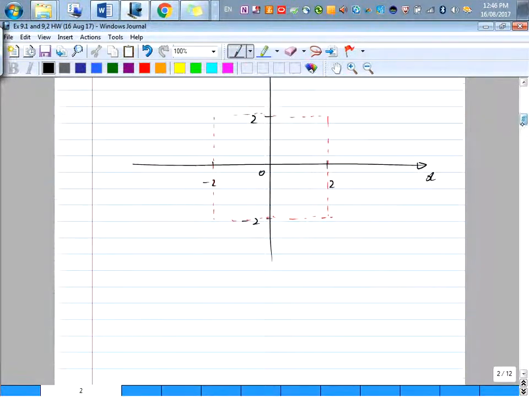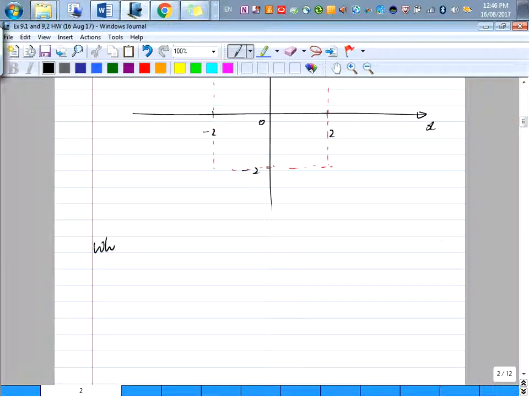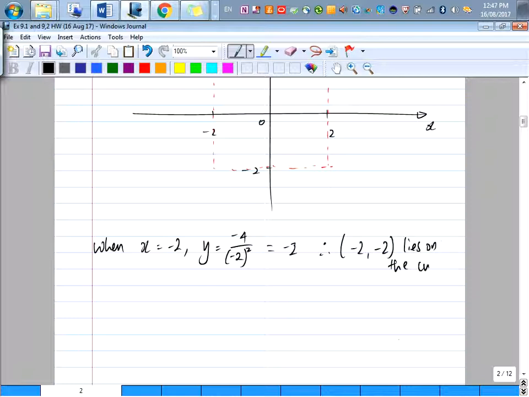So when x is equal to -2, y will be equal to -4 over (-2) squared. This gives me -1. Okay? So this is a coordinate, meaning (-2, -1) lies on the curve.